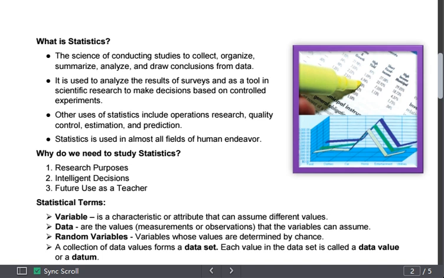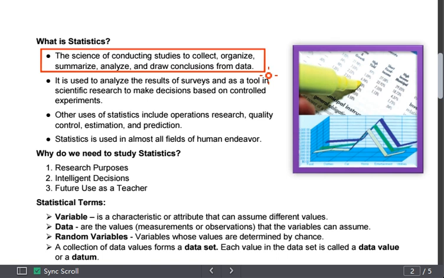First, what is statistics? So, we have a lot of definitions about statistics in here, but I think they are just the same. Like, may iisa lamang naman silang idea. So, let's define it. First, the science of conducting studies to collect, organize, summarize, analyze, and draw conclusions from data.